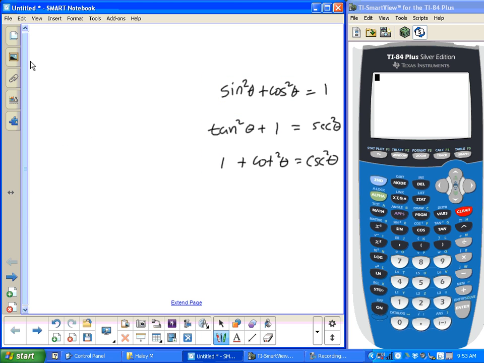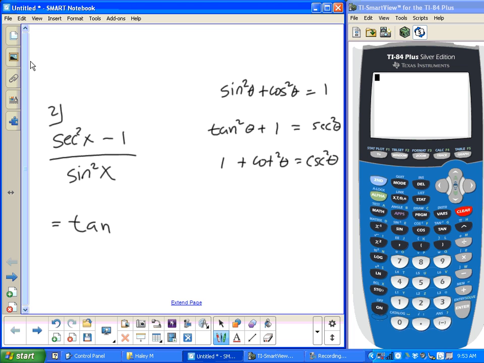All right, number 2. You had secant squared x minus 1 over sine squared. Now, we've got secant squared minus 1. Could we make that into something? Yeah, that would be tangent squared.